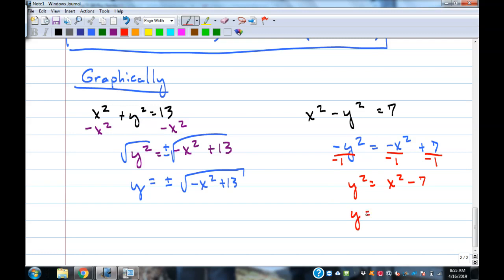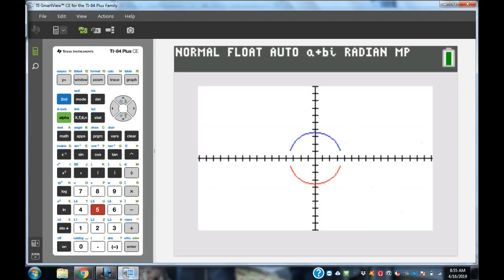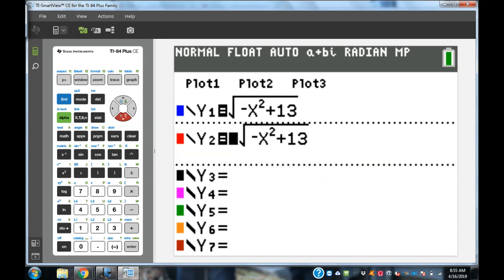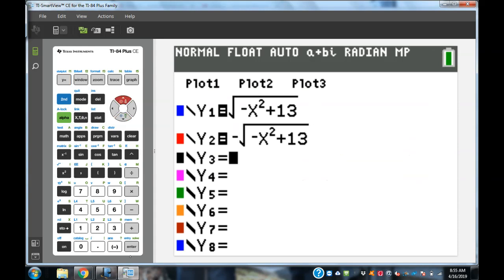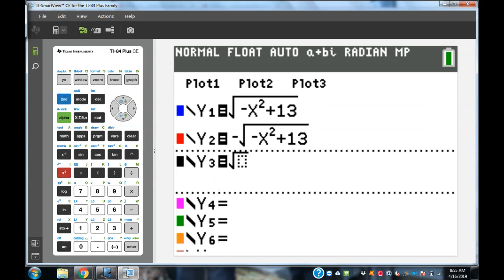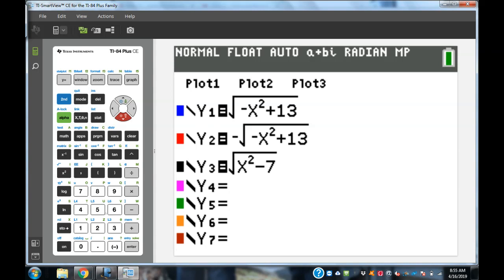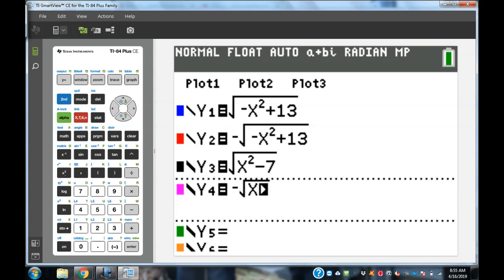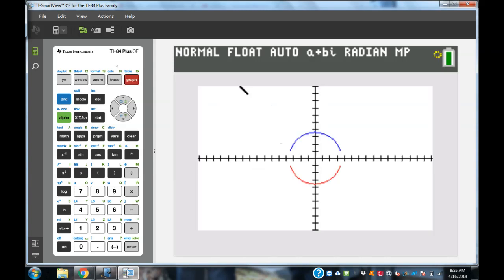And then we take the square root, so plus or minus the square root of x squared minus 7. And then on my calculator, y3 and y4 are going to be those parts. So we've got the positive square root of x squared minus 7, and then the negative square root of x squared minus 7. Graph on those.